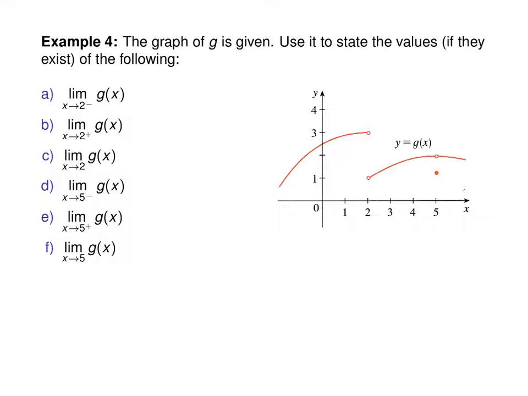Okay, so just look at this picture and see if you can interpret what these limits are going to be. Okay, so as x goes to 2, what side is this first one from? From the left side. So you're on your picture and you're going at 2 from this side. What y value are you getting close to? 3. So that limit is 3.